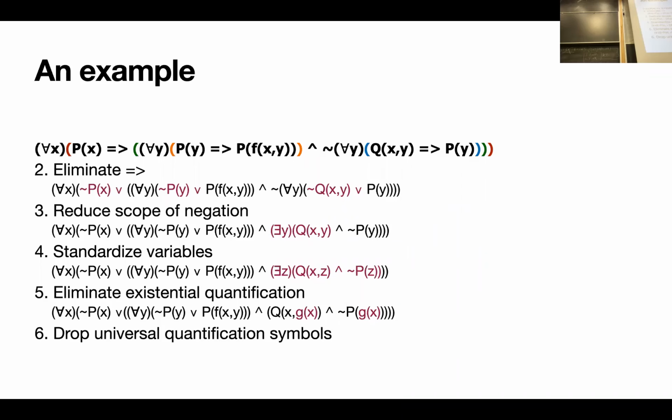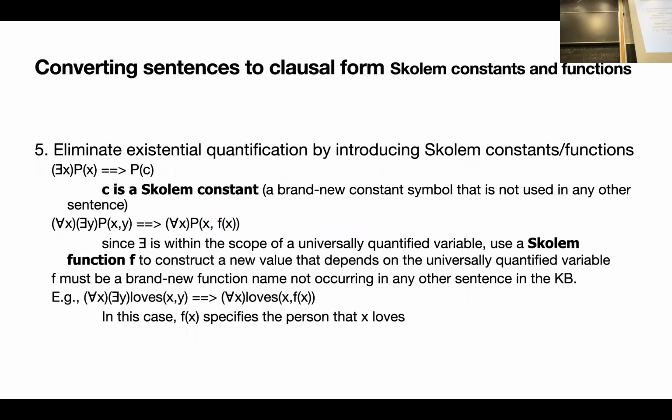This function g gives us a constant that was z before. It is explained in more depth in the slide, but I'll let you read that at home.